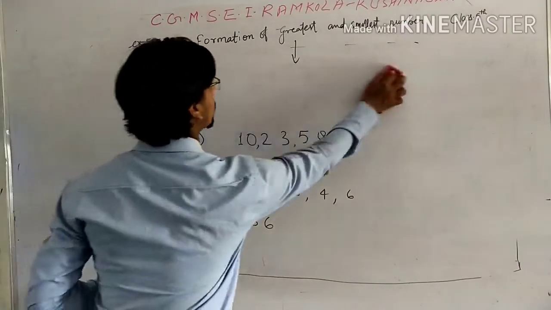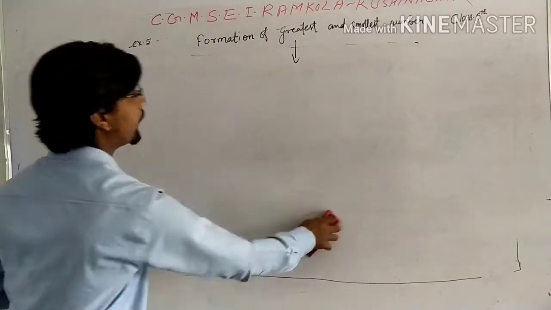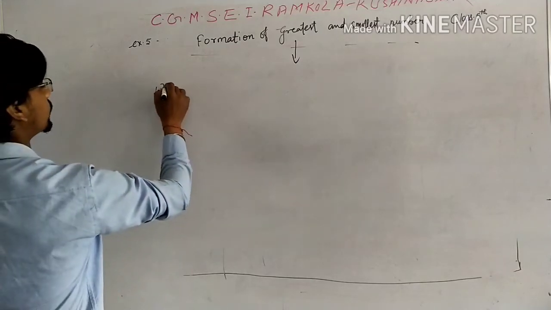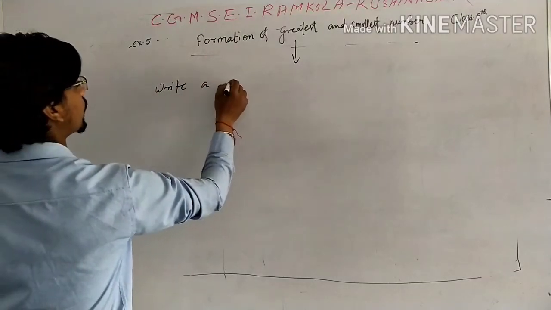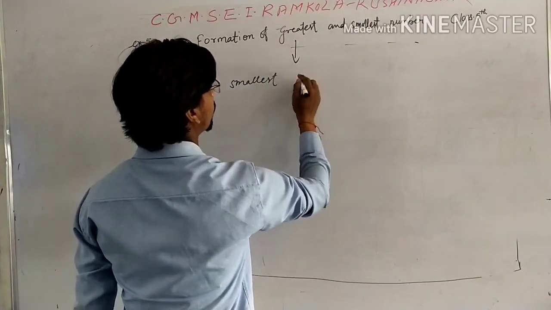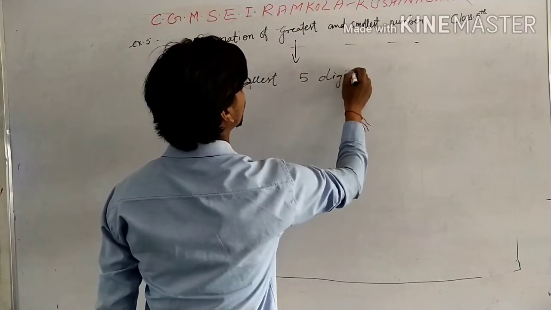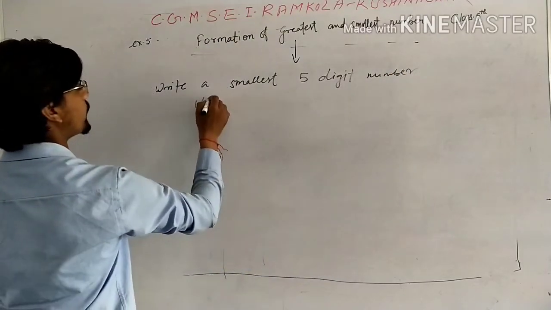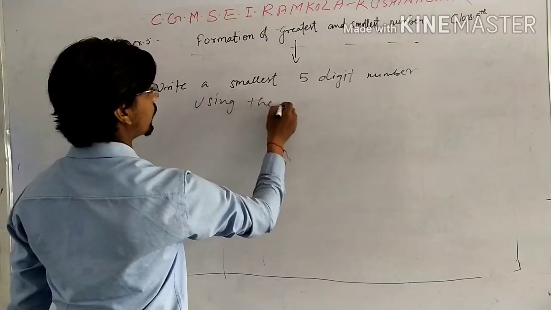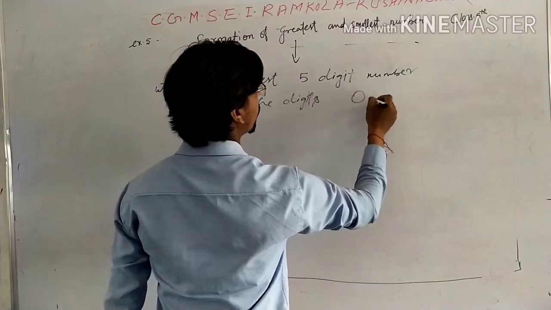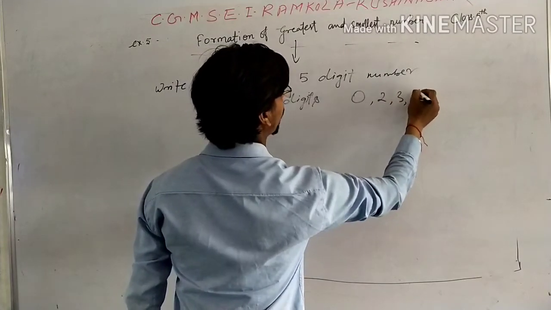In this sequence, suppose I give you a question: write the smallest 5-digit number using the digits 0, 2, 3, 4.